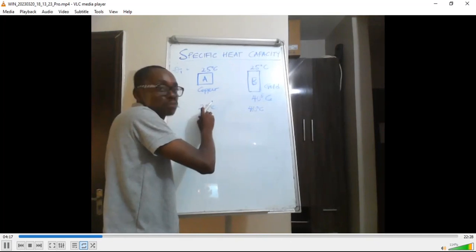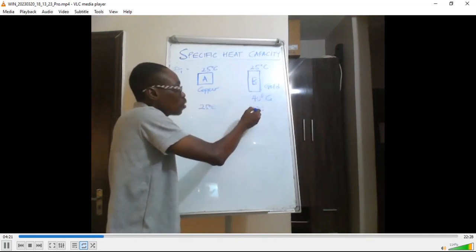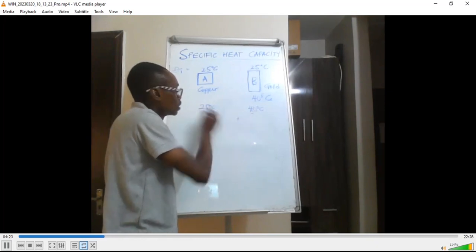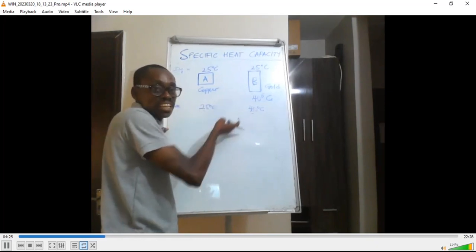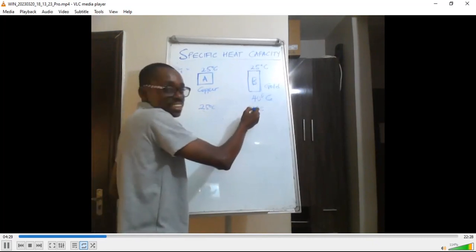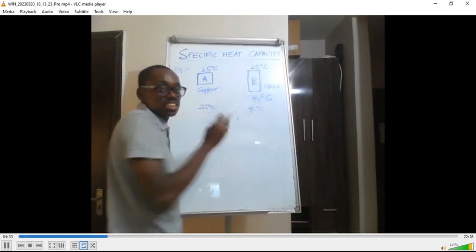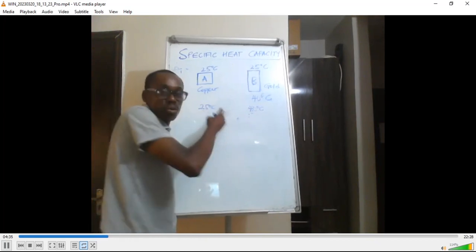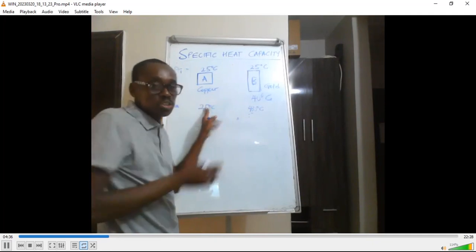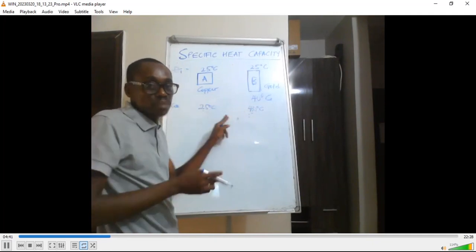The temperature of gold is going to drop, that of copper will start increasing. This will drop 39, 38, 36, this will increase 26, 27, 28, till it will get to a temperature whereby this will increase to a temperature, this will decrease to that same temperature.